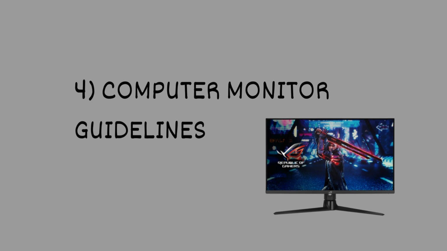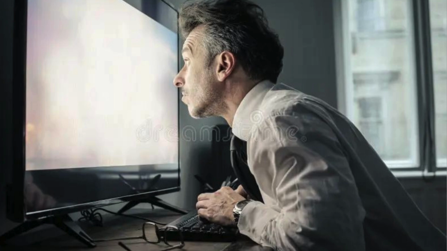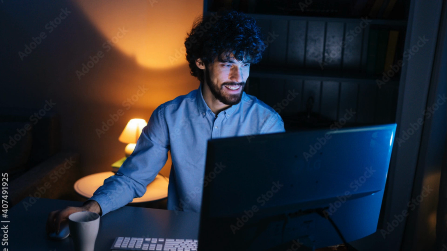Moreover, the computer monitor is also important. For most workstations, the best position for the monitor is directly in front of the operator. If the operator only occasionally looks at the screen due to the nature of the job, it is okay to place the monitor to the side.